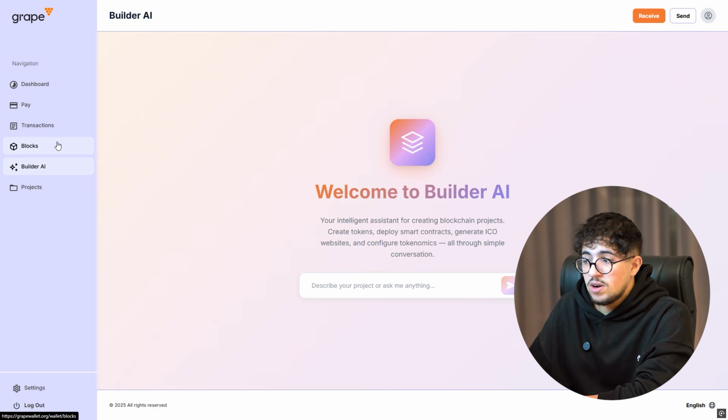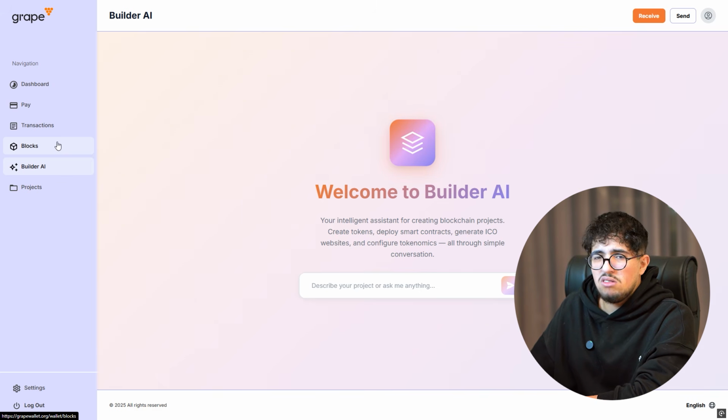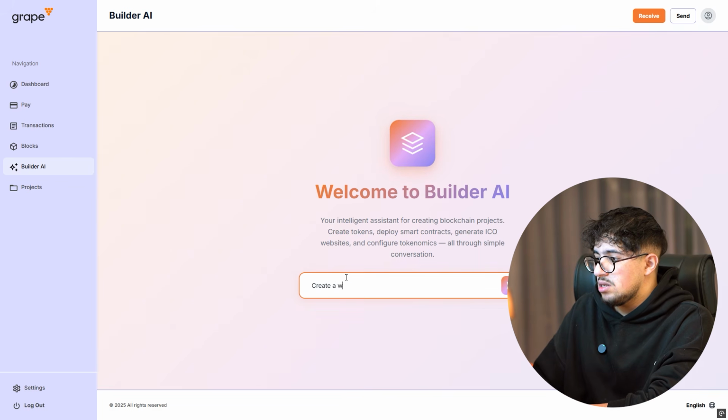Right now, the builder can create tokens, NFT contracts and collections, website-style landing pages, token configuration and supply settings, all through simple prompts. So instead of needing a developer, complicated code or a high budget, you only need the AI builder. You can go from idea to deployment directly in the interface.